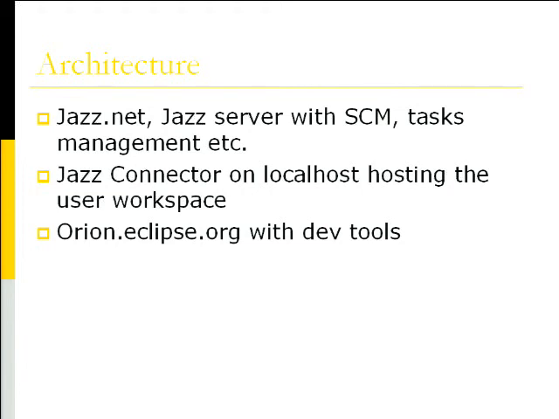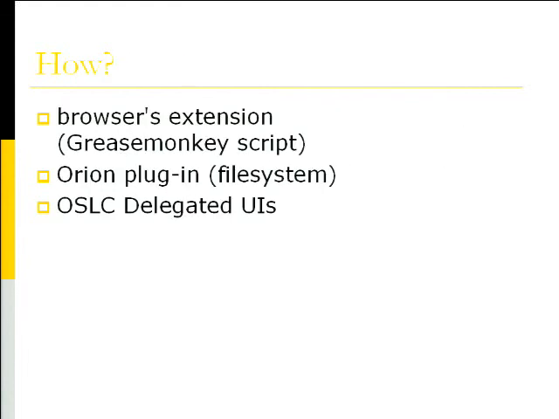I will use orioneclipse.org for developing code from jazz.net. I will use a GreaseMonkey script in a similar way as Gosia showed before. I will use an Orion plugin for providing the file system, and I will use something called OSLC delegated UI, which is a way to use UI in my application from other remote sites.